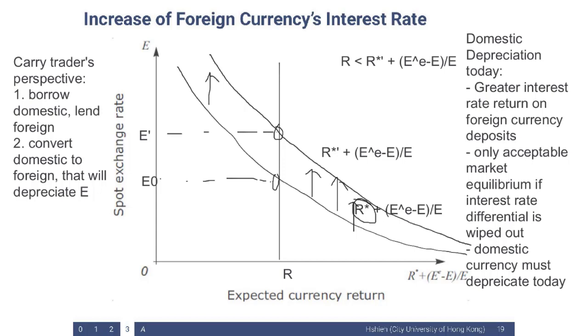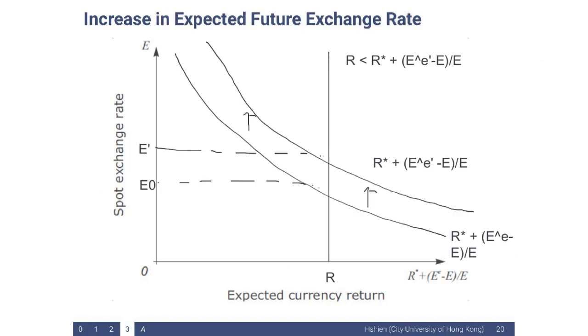All right, clear? So the last example I'm going to go through really quickly is change in this, okay? But the way we determine how the curve shifts is exactly the same. So let me do it now really quickly because we're running out of time.